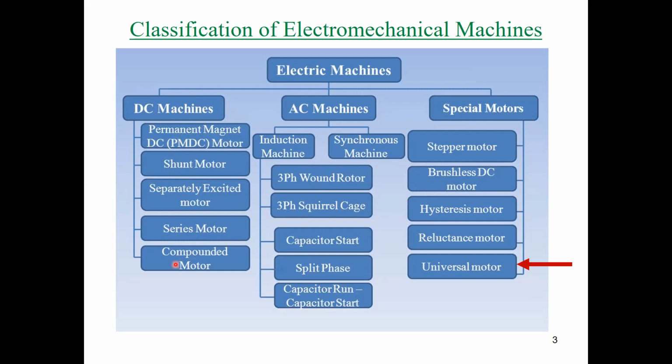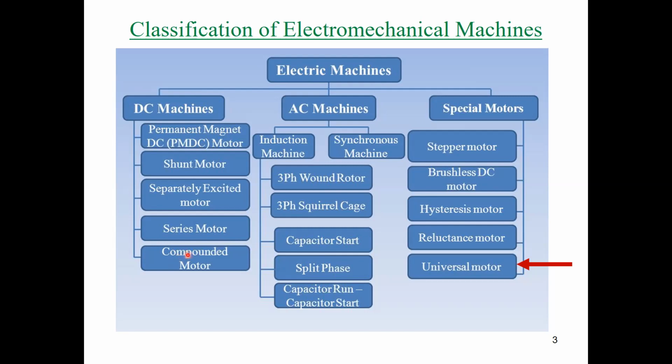And the compound motor, you already learned before in 360. It combines series and shunt windings. The characteristic of this kind of machine is very close to the separately excited and shunt.